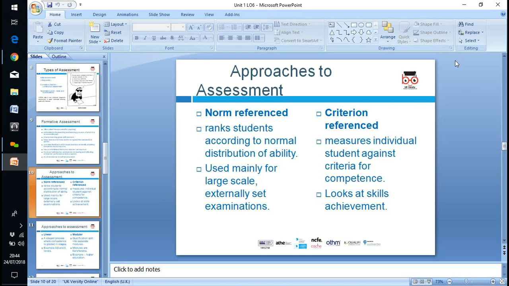Yeah. So you're using quite often norm reference, and it's mainly used for large scale and externally set examinations, but it's also used for measurement of ability within a group. Now the criterion reference is the major way of assessing in every other sphere, really.